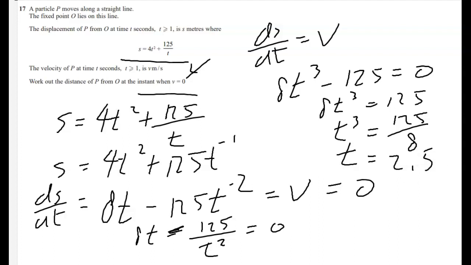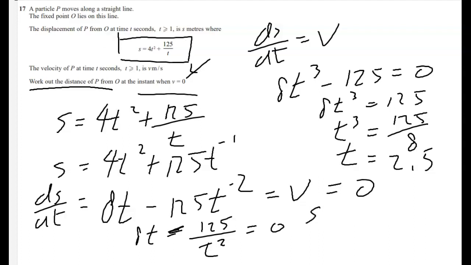Alright, so now I managed to find t equals 2.5. But is that it? No, because this question is asking what is the distance? Which means that I have to substitute it back into this formula to find the distance, which is represented by s here.